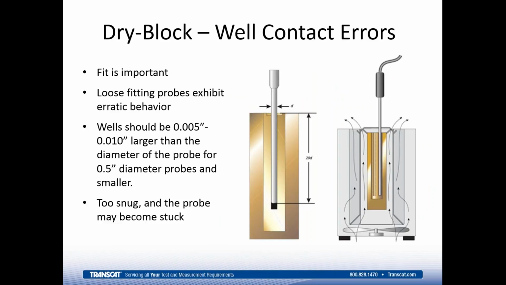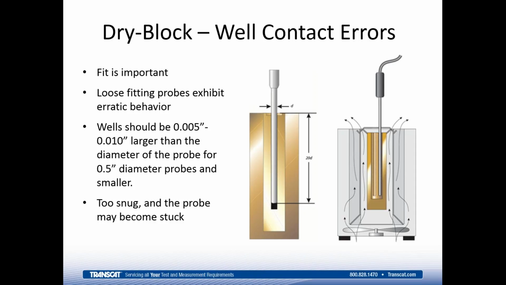Next, I mentioned this before, that you want a snug fit between the probe and the insert. One common mistake is that people will get an insert with a really large hole, like say a half-inch hole, and they think, well, I can just stick anything I want in there.